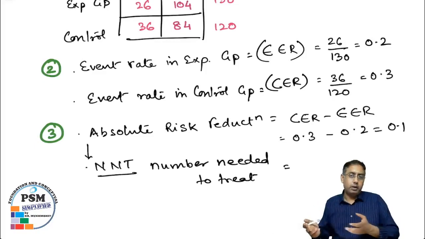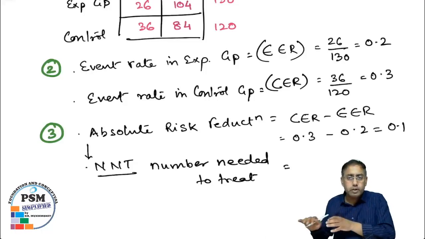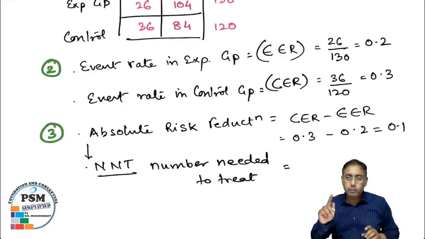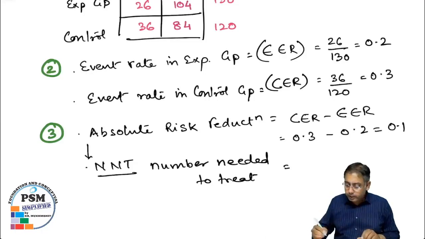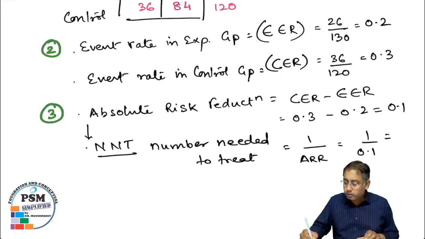But this MCQ was asking how many patients you need to treat to avert death or decrease the death rates by 1. That means number needed to treat, given by the formula 1 divided by the absolute risk reduction. That is 1 divided by 0.1, which is equal to 10.